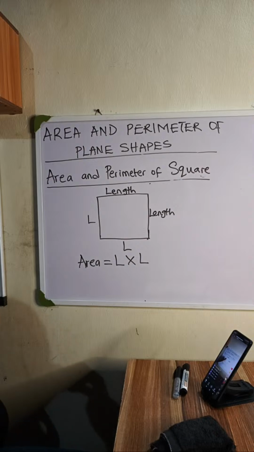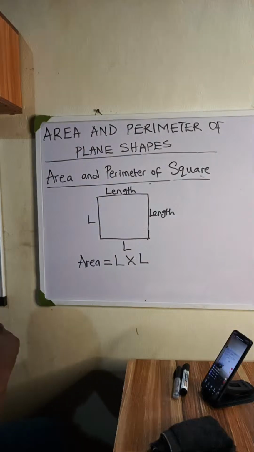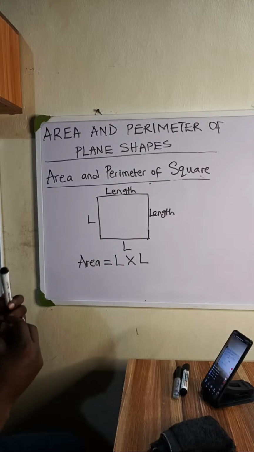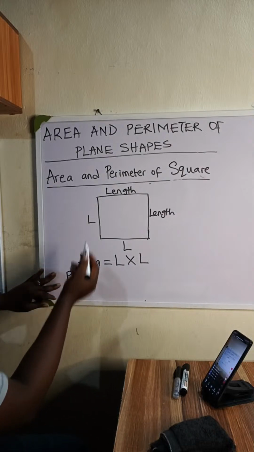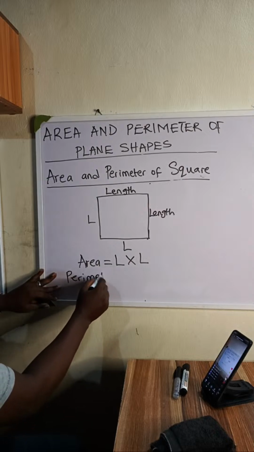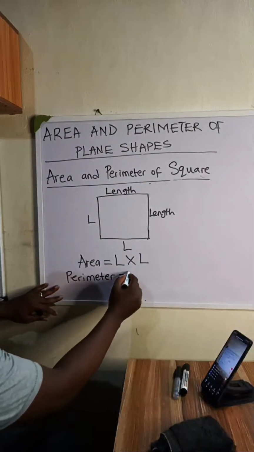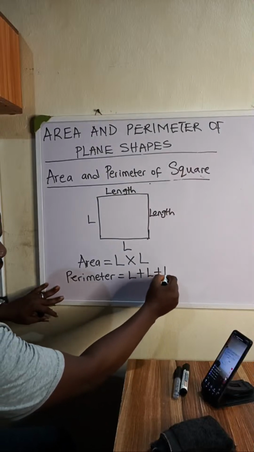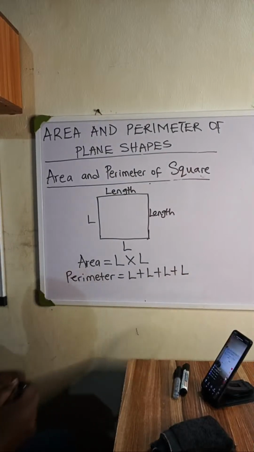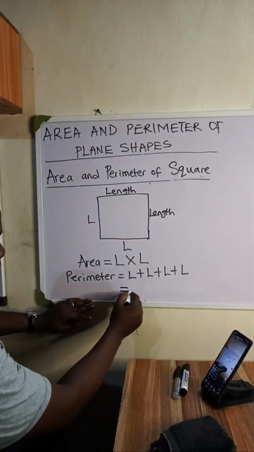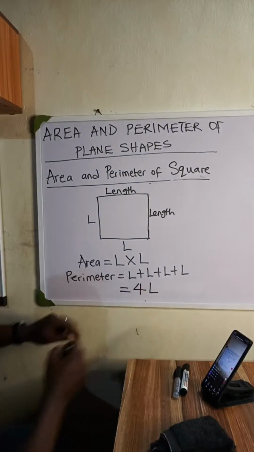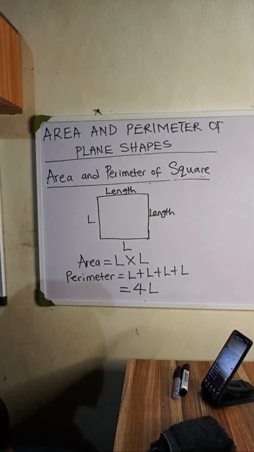Okay? Next, what will be the perimeter of this square? The perimeter will be length plus length plus length plus length. And now you can also write it as 4 length or 4 times length.